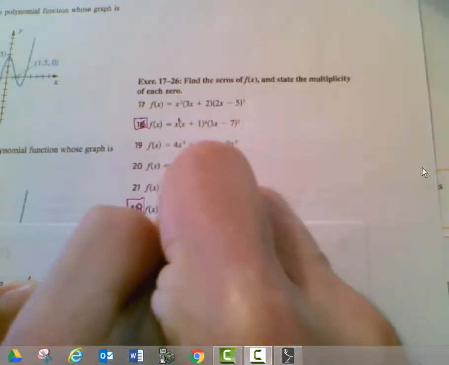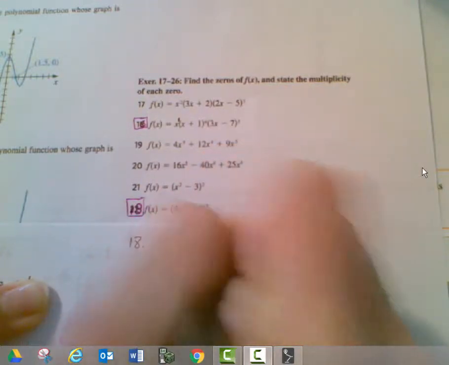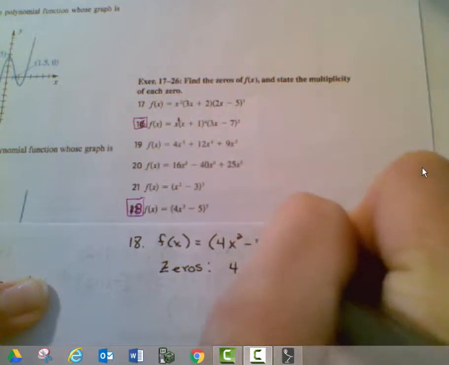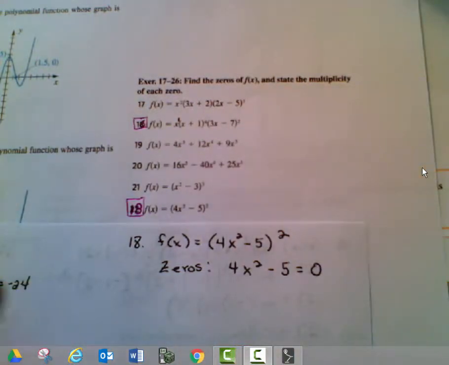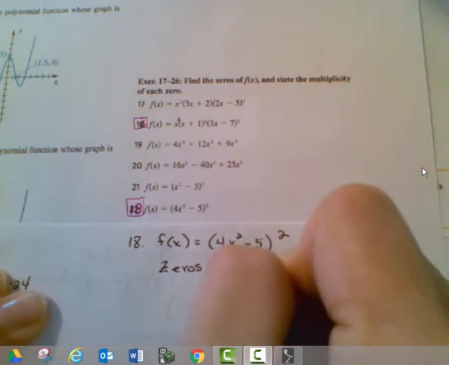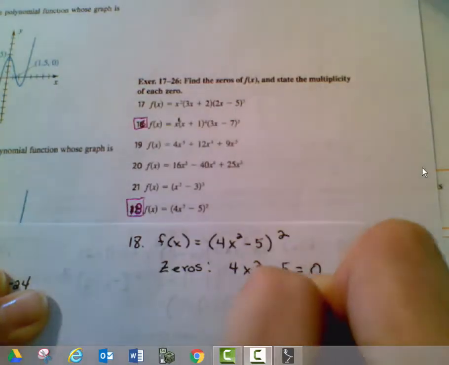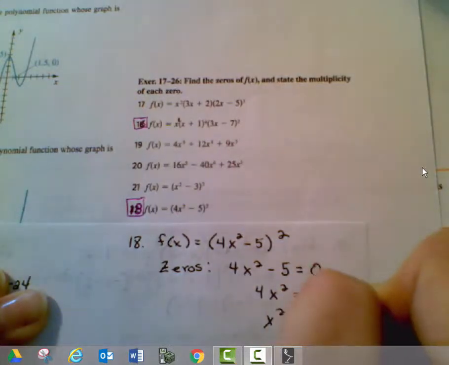Let's see. The zeros, we can get them by setting that factor equal to 0, solving the quadratic equation, adding 5 to both sides and dividing by 4.